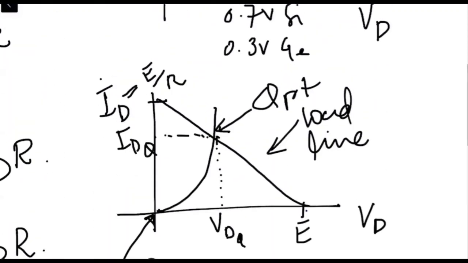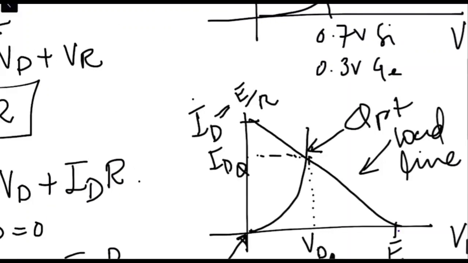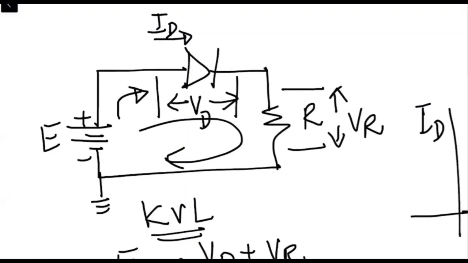Okay, coming back over here. If you see what we have, circuit elements, right? Circuit elements means we have a resistor, we have a diode, and we have the biasing potential over here as E. So if the value of resistance is going to increase, let's suppose we change the value of resistance over here.